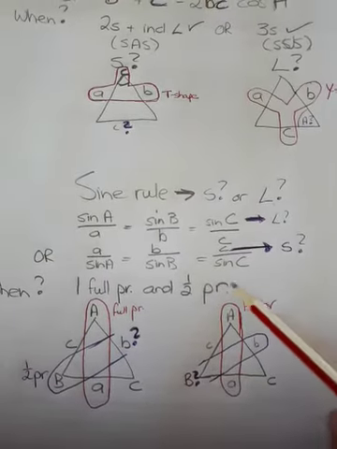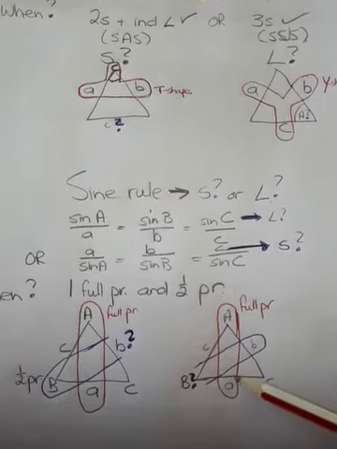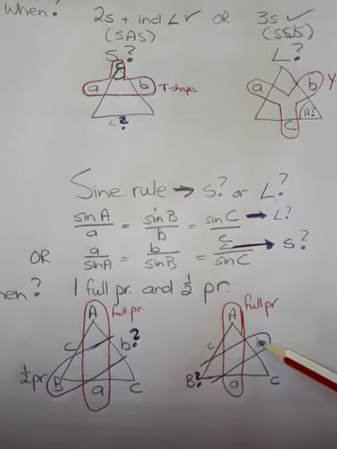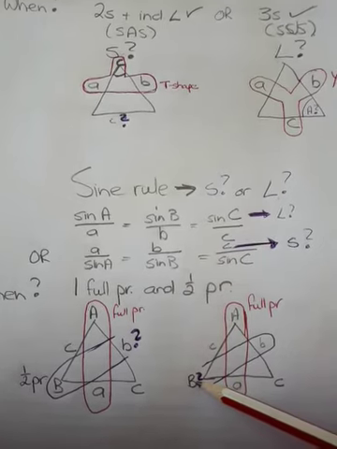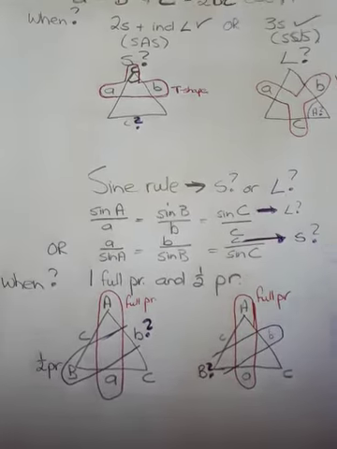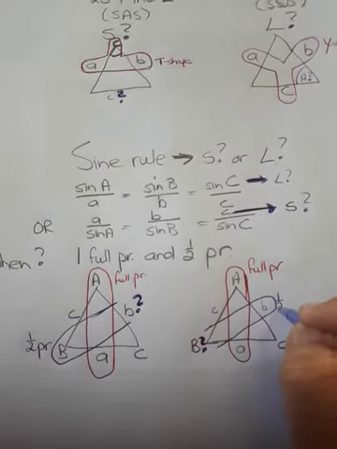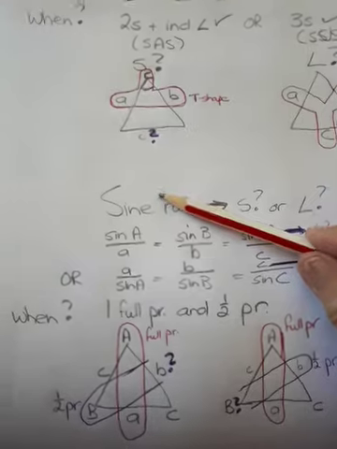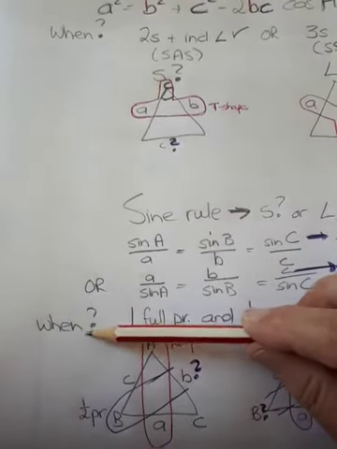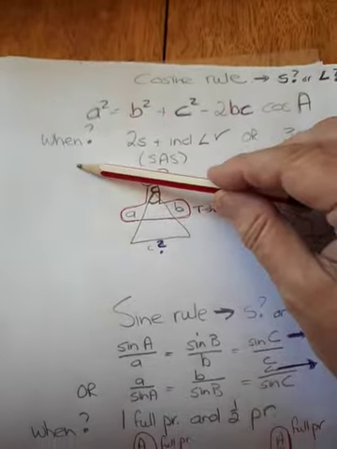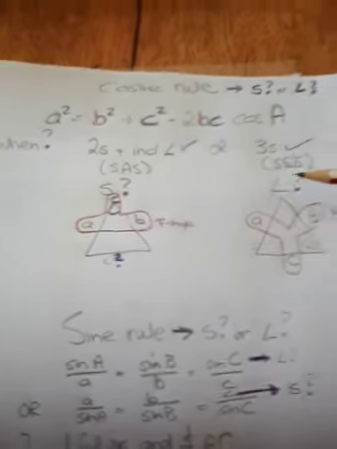Or it could also be angle A and side A given, then side B is given and angle B is being asked. So this one gives you the half pair. So the sine rule is used when we have one full pair and a half, and the cosine rule is used when we have SAS or SSS.